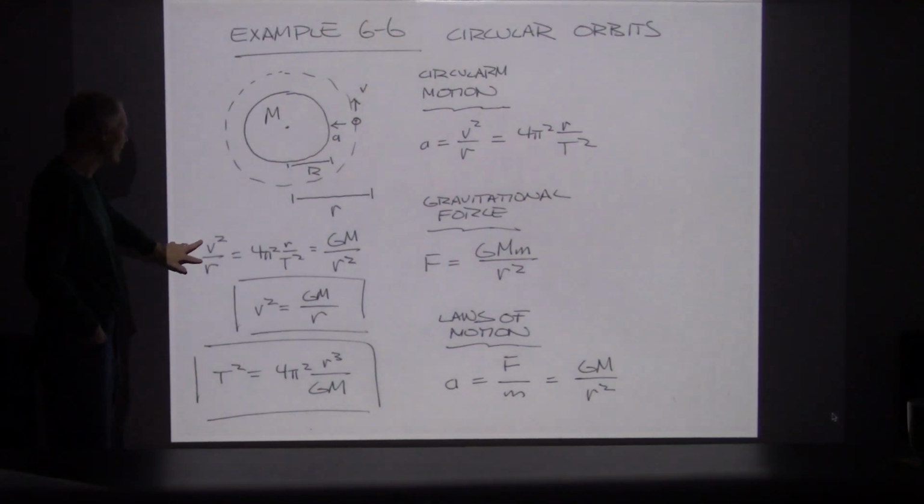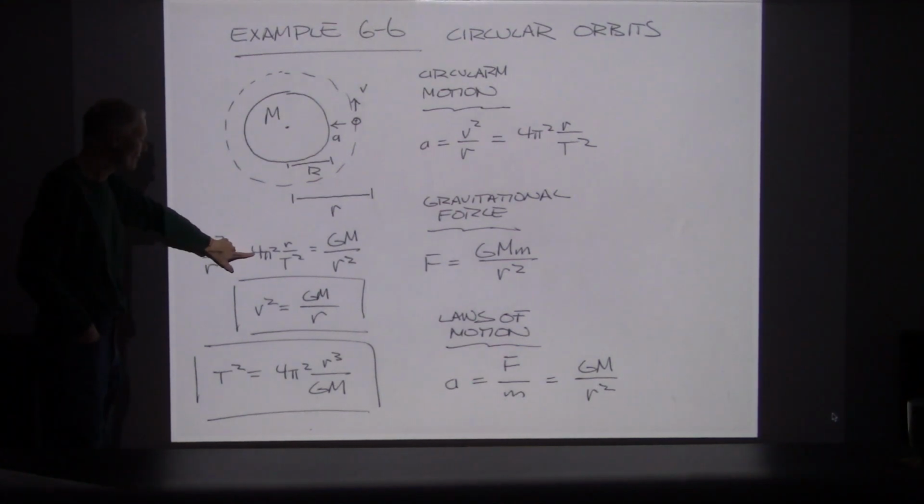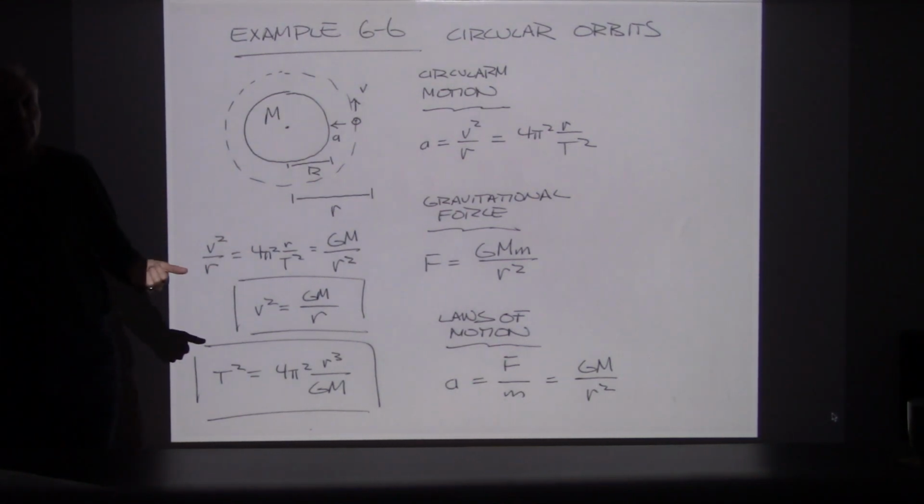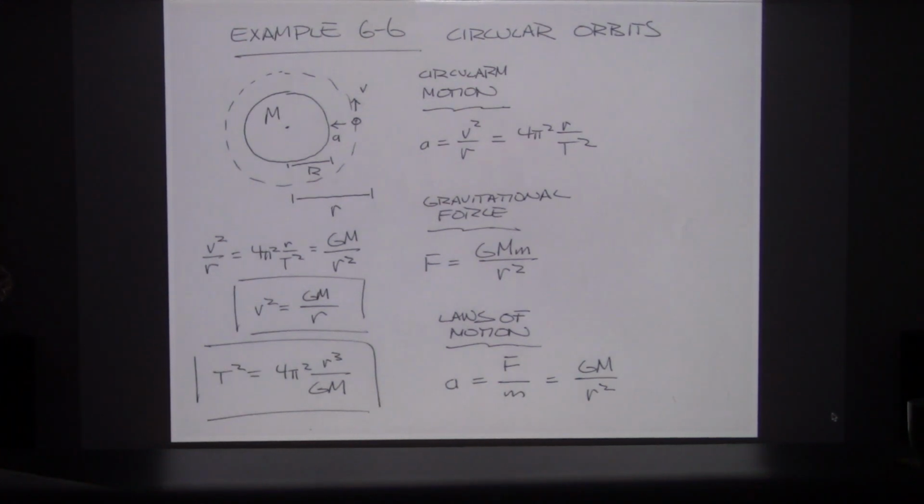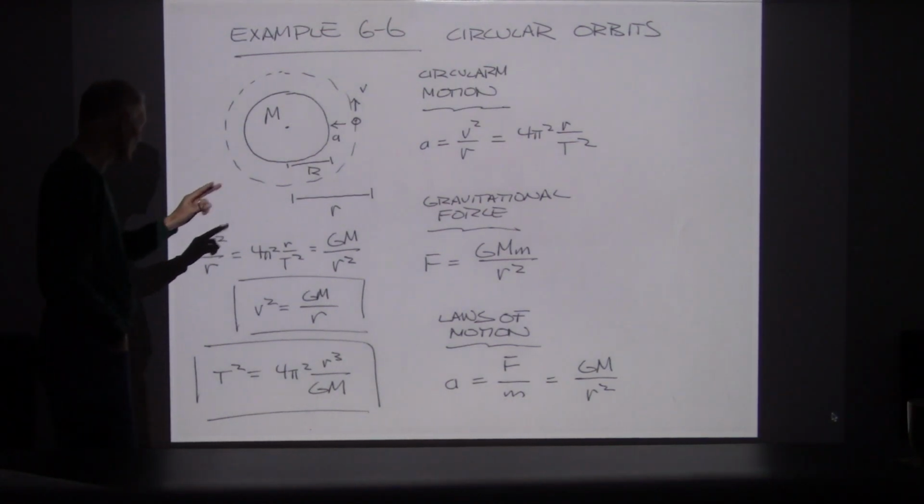v squared over r, here's a kinematic expression in terms of v. Here is our kinematic expression in terms of period. And we're going to set that equal to the gravitational field, big G, big M over distance squared. Now we'll get two equations here.